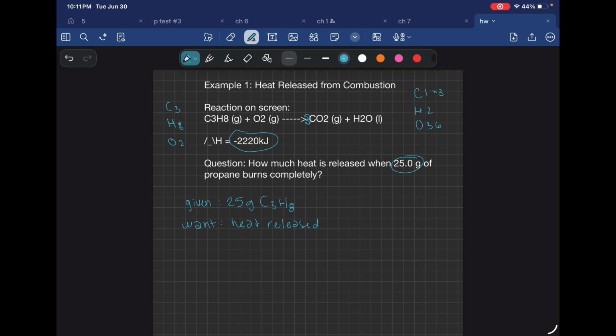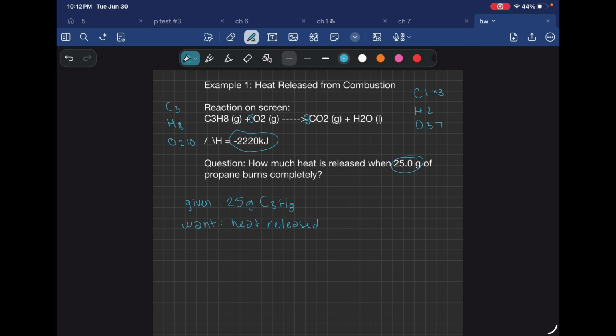So now we have 6 O's on the right side, so we have 7 O's, including this O right here. Because we have 7 O's on this side, we have to have 7 O's on the other side. So let's put 5 here, and that gives us 10 on this side.